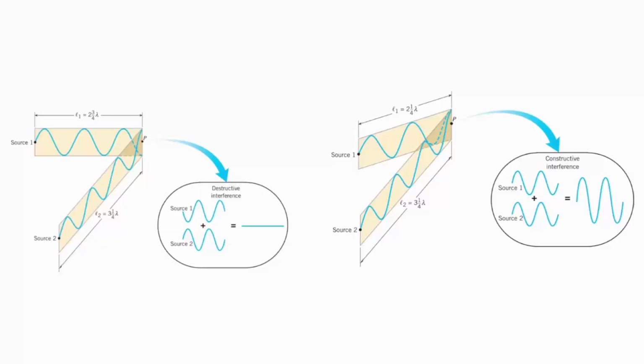This is the pattern on the screen from a pair of slits separated by 0.62 millimeters. This is the pattern from a pair of slits separated by 0.26 millimeters. Notice what's happening to the pattern. The pattern is spread. Here's the pattern from a pair of slits separated by 0.09 millimeters. The pattern has spread even more.